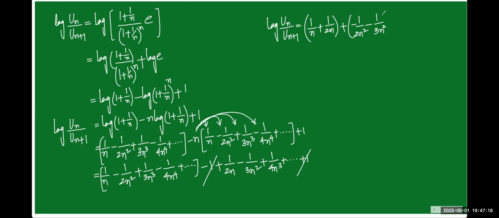These two are enough, the third term is not needed. Plus and so on, which is equal to, if you take 1 by n common, 1 plus 1 by 2 is 3 by 2, so 3 by 2n, and you add this one and tell me: minus 1 by 2 minus 1 by 3.